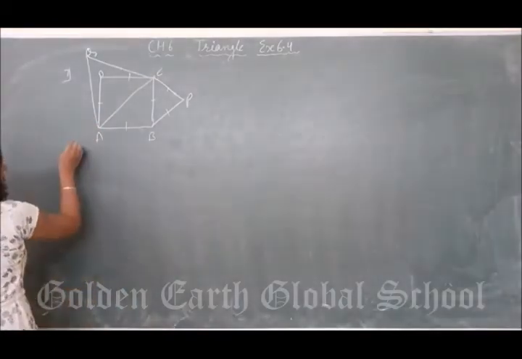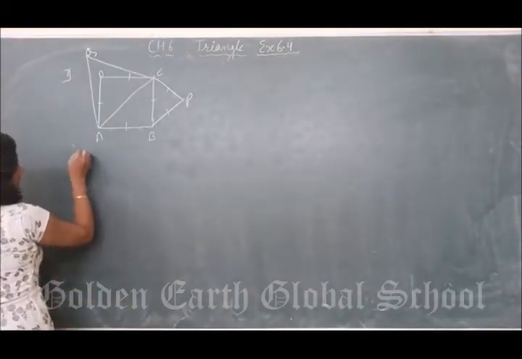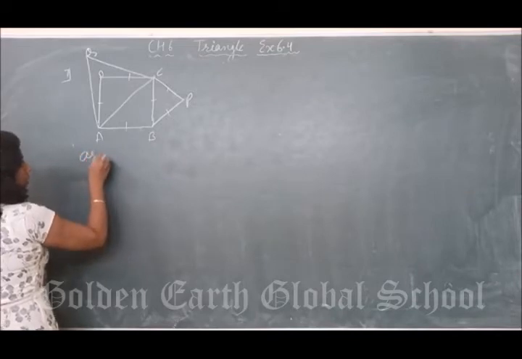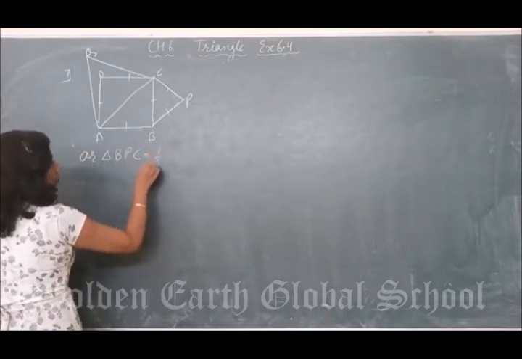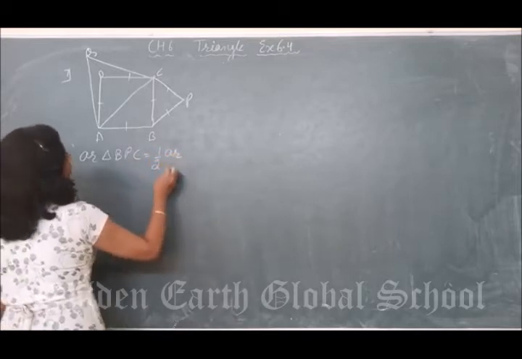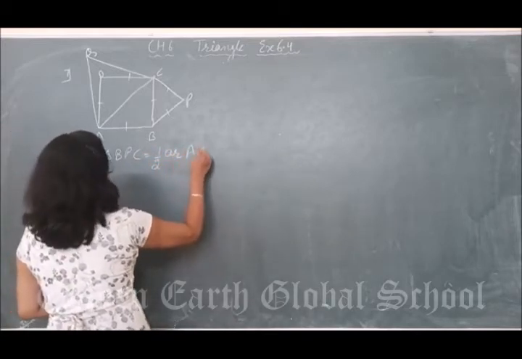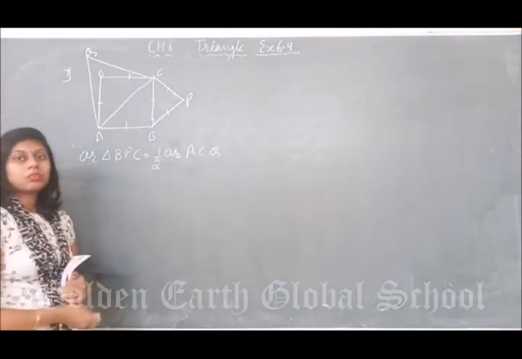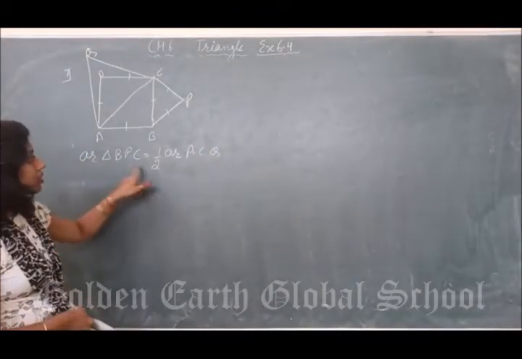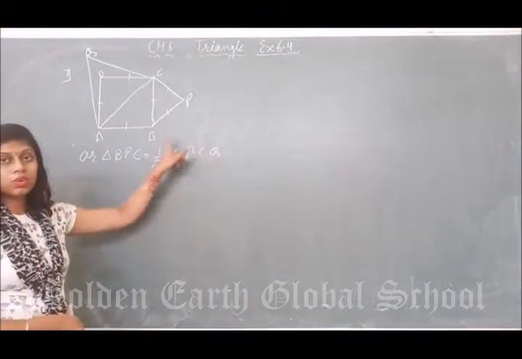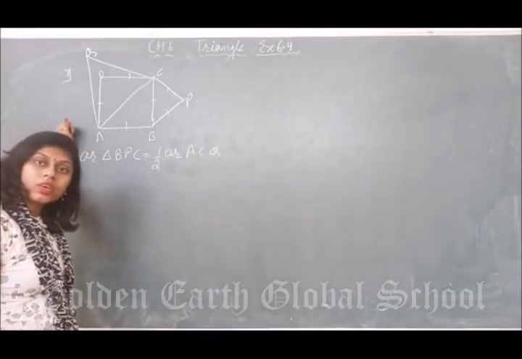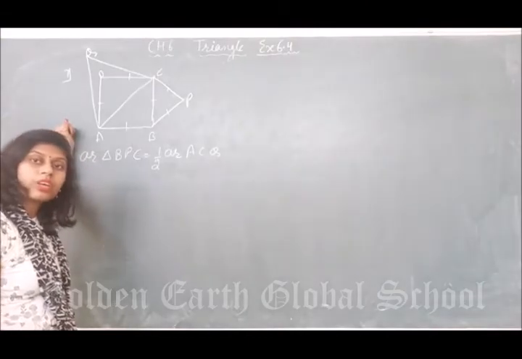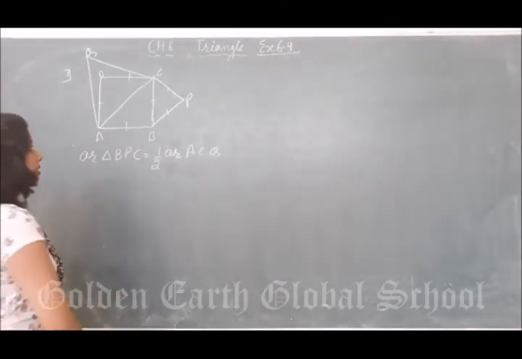So we have to prove area of triangle BPC is equal to half of area of triangle ACQ. Means to say area of BPC upon area of ACQ is equal to 1/2. Now we know that all equilateral triangles are similar, so we can use the direct result.